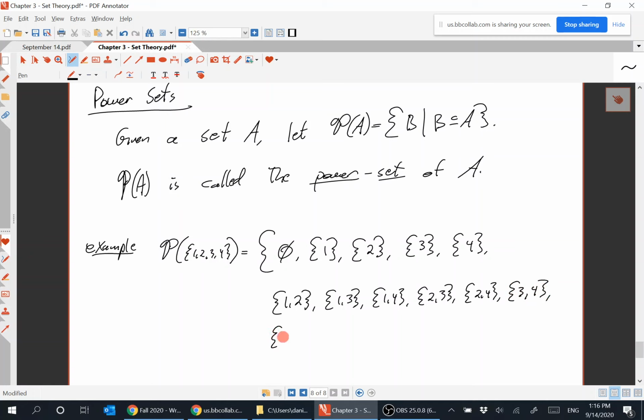And then subsets with 3 elements in them: {1, 2, 3}, {1, 2, 4}, {1, 3, 4}, or {2, 3, 4}. And then the subset of order 4, which is just the whole thing.